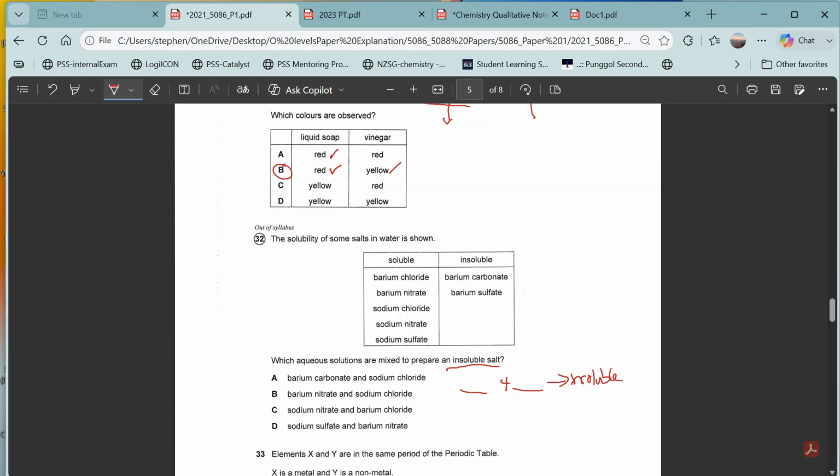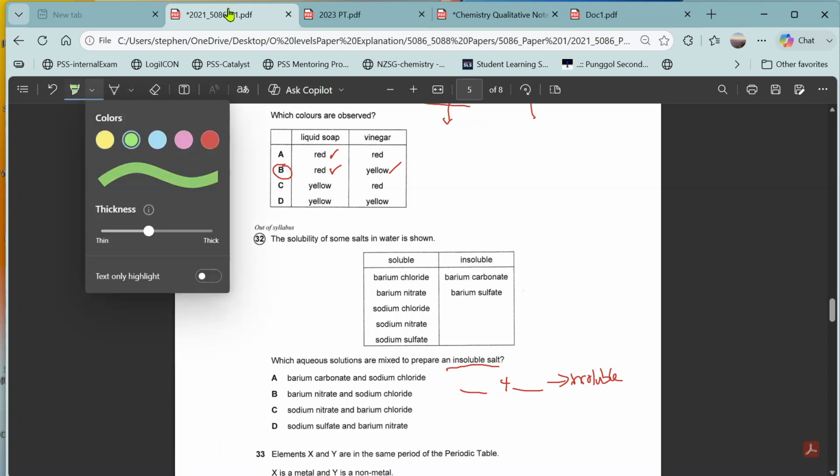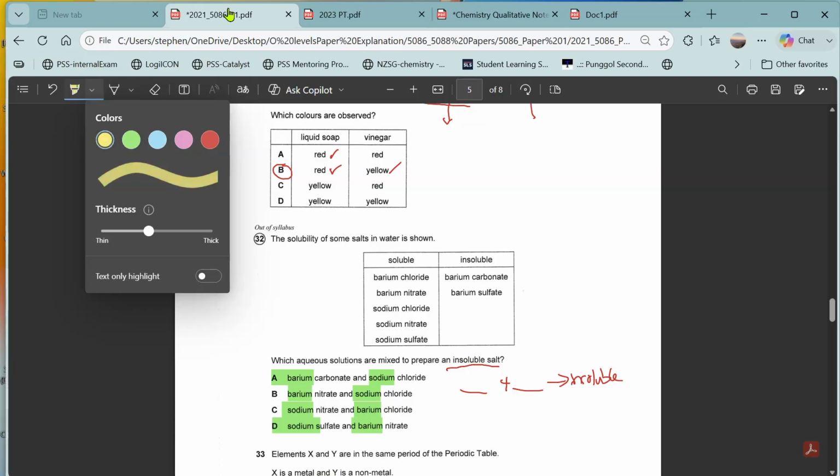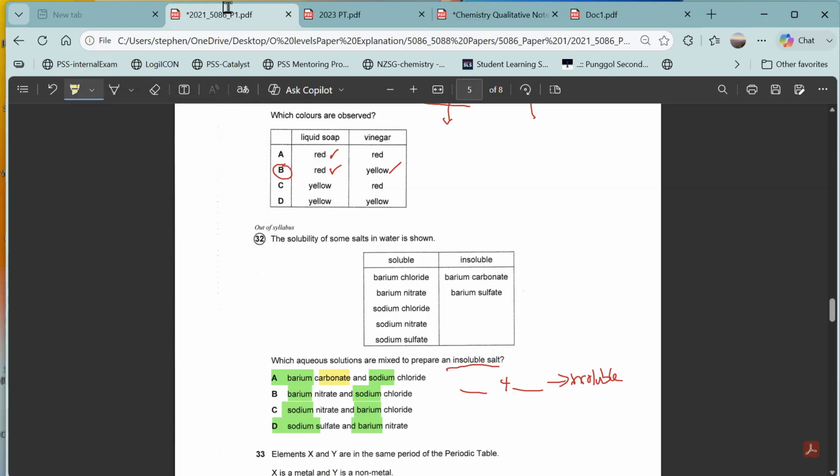There's no acid, there's no alkali. The green one represents a metal, the first component of the chemical, and I use the yellow for the anion, so carbonate, chloride, something. There's no acid and alkali here.